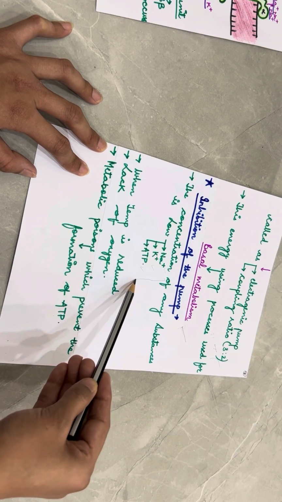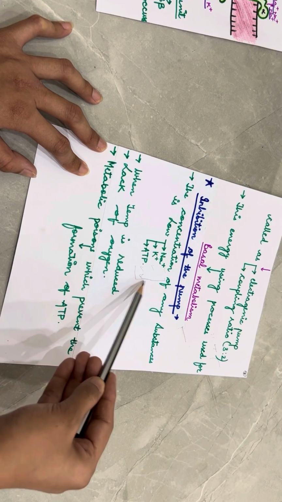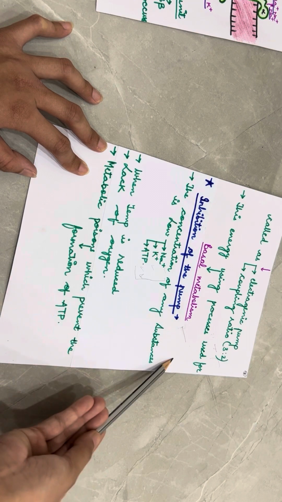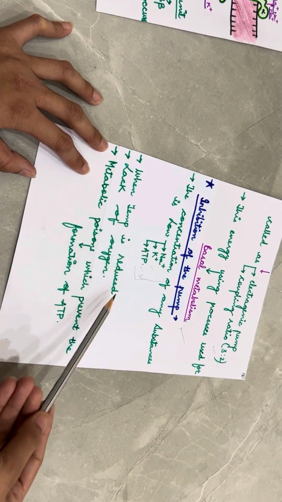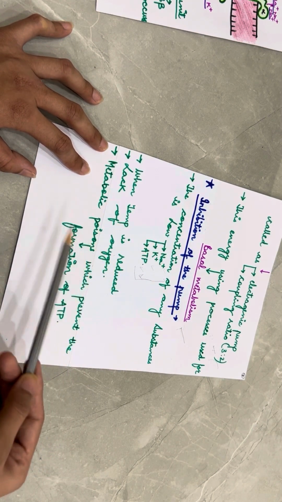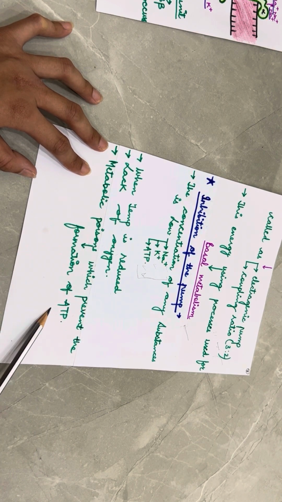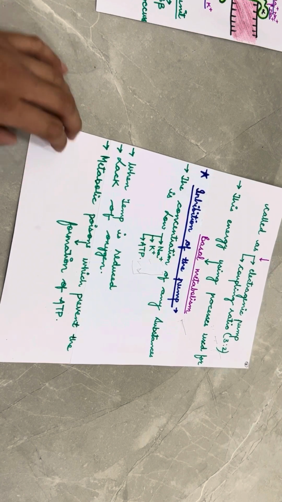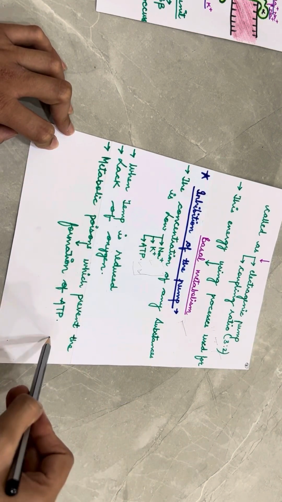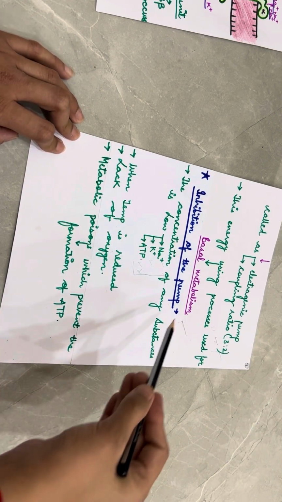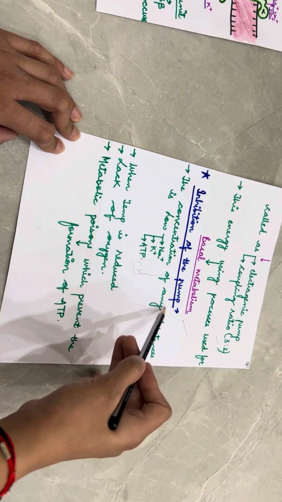Whenever the concentration of these three substances gets low, this pump is automatically inhibited. Or when temperature is reduced, or lack of oxygen, or metabolic poisons which prevent the formation of ATP. Whenever these things happen, the pump will automatically not work, or it gets inhibited.